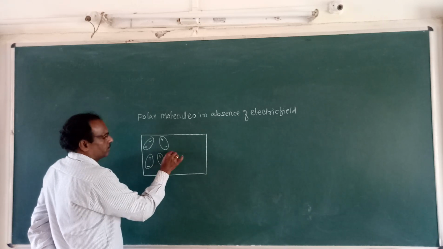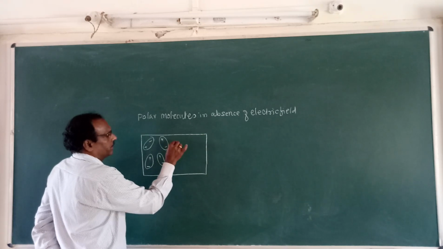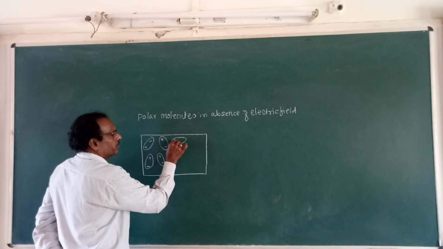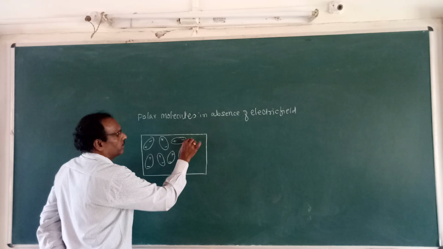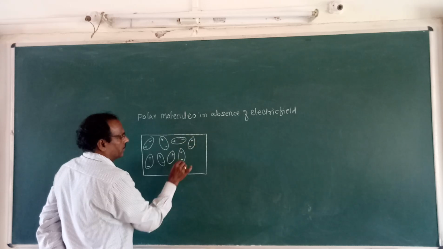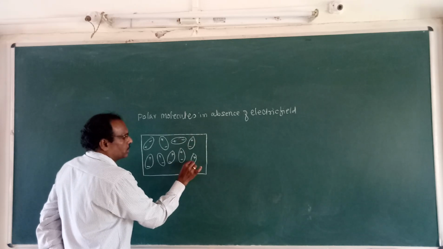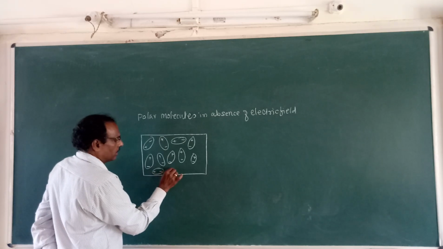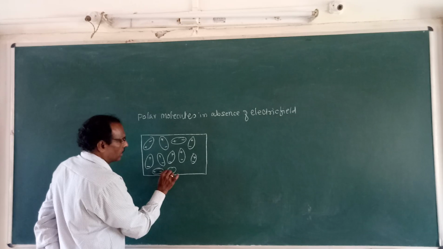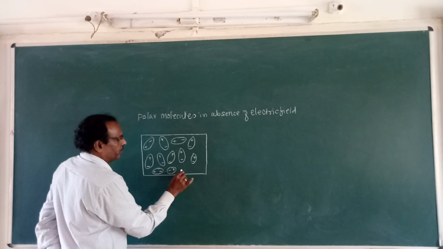This is plus, minus, here maybe like this. They are distributed randomly. This is the picture in bulk of a polar material.